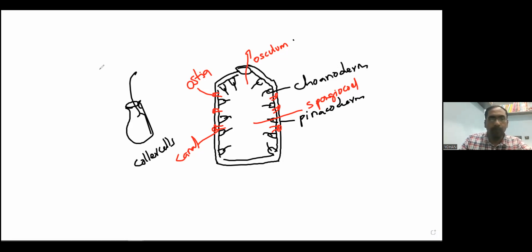Number two, oxygenated water comes in and helps in respiration. Number three, undigested waste materials can be sent out through the osculum. So the functions are: number one, nutrition; number two, respiratory gas exchange; number three, removal of waste material.